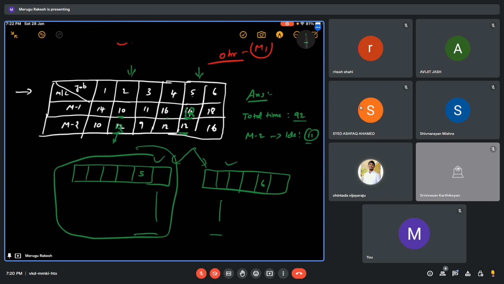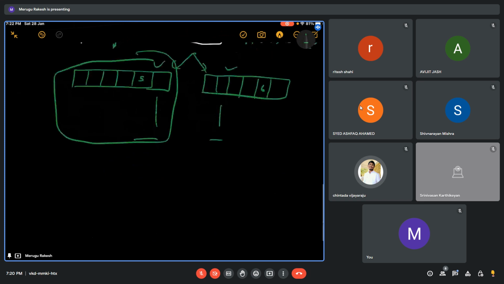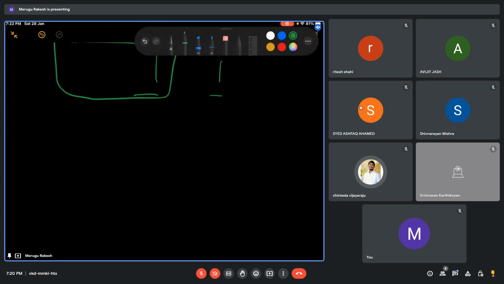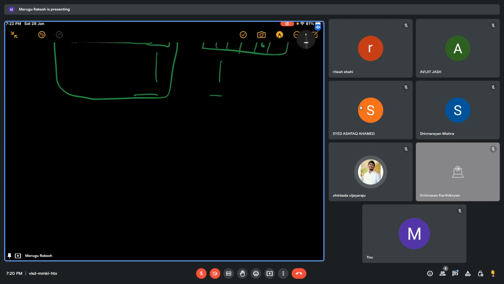So in this we have taken everything for granted, but there are some assumptions which they might ask you in theoretical type. One assumption is that we didn't consider loading and unloading times. The minute a job was completed, the next was loaded, which is not possible in actual cases.